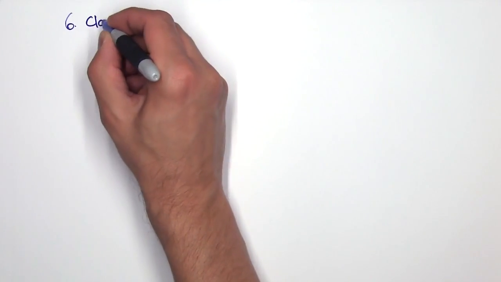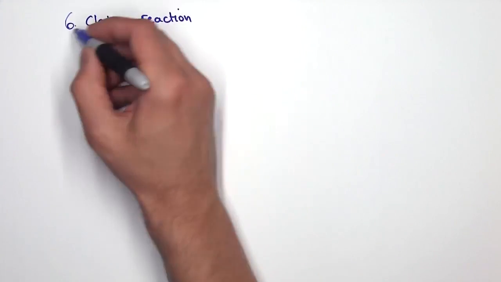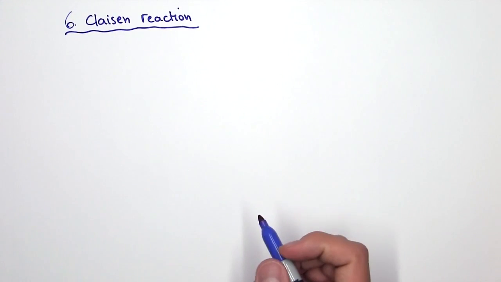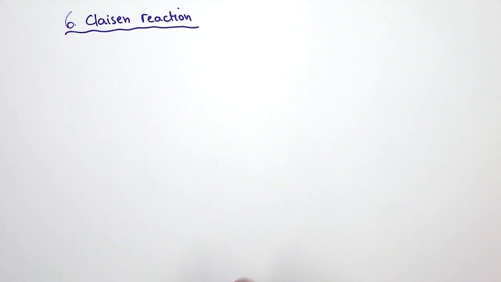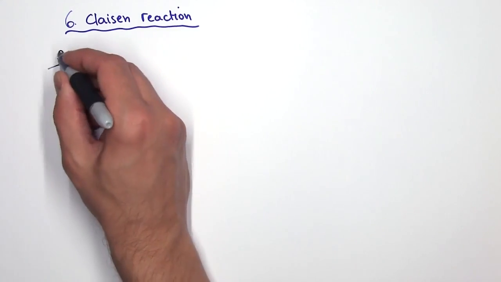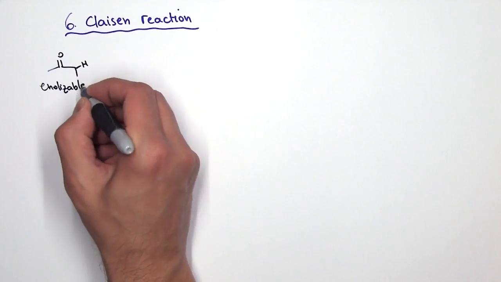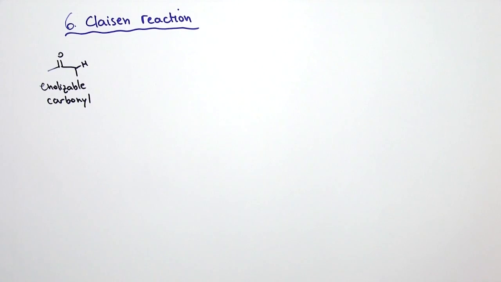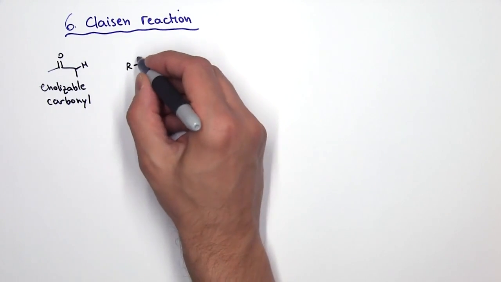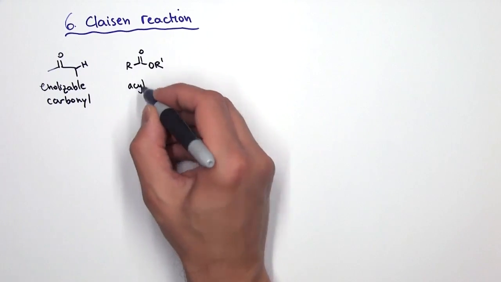Let's now talk about the Claisen reaction. This is a very important reaction in biochemistry related to the aldol reaction, in which we form or cleave carbon-carbon bonds. The Claisen reaction happens between an enolizable carbonyl and an acyl derivative. Let's pick in this case an ester.